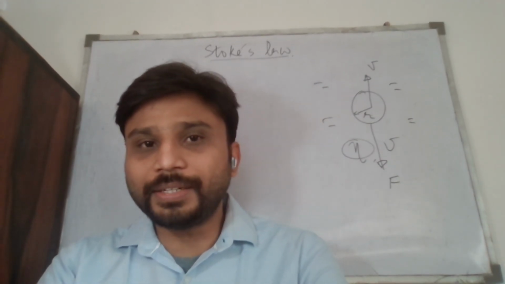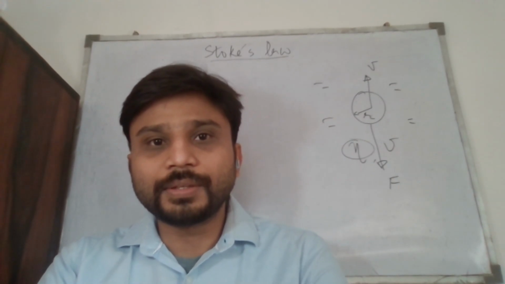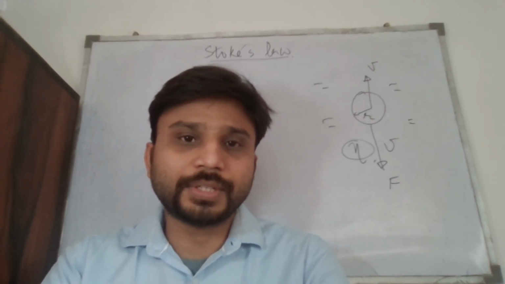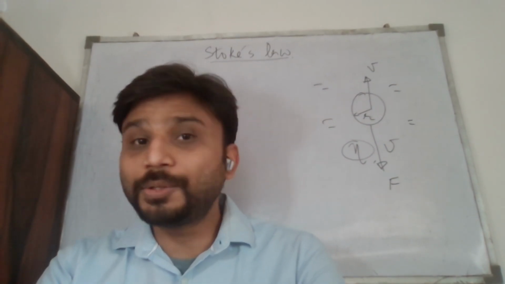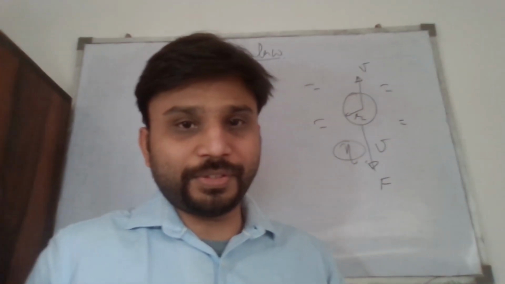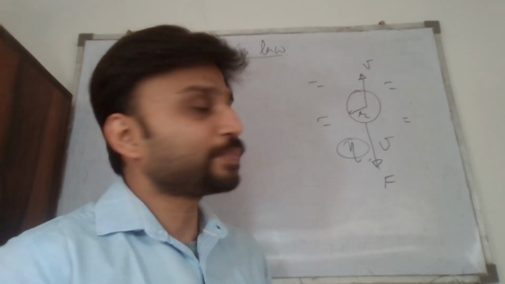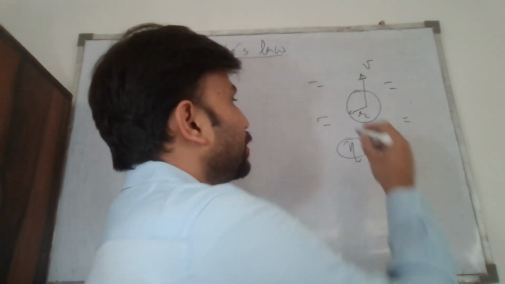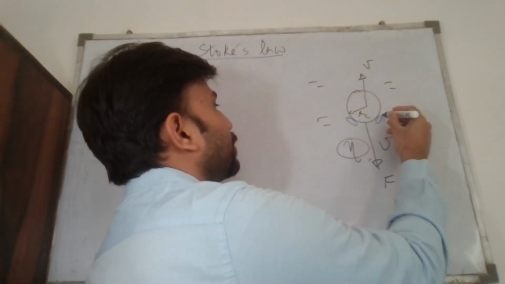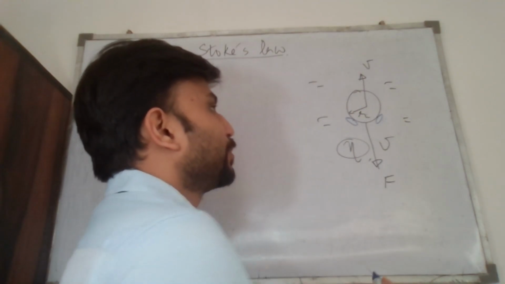The second reasoning is a very interesting one. There is a vacuum that is created, in fact two vacuums. If you can imagine this figure, there is a viscous force here, and there is a vacuum here.